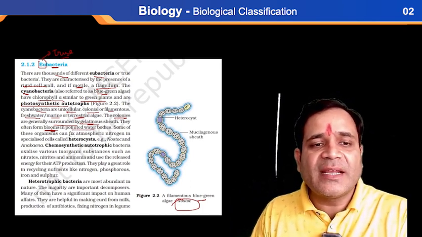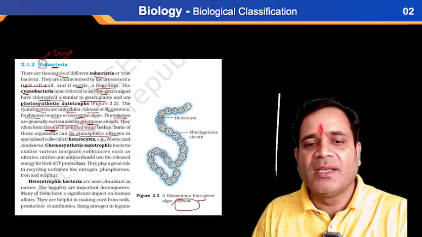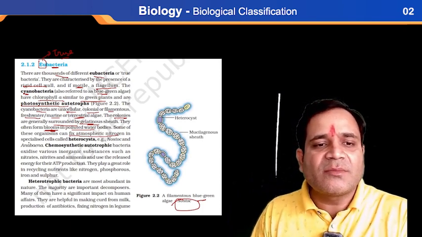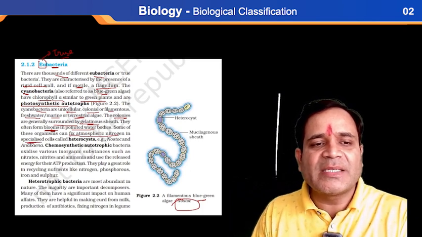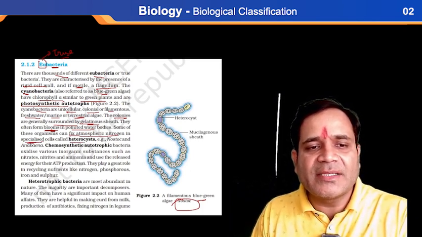Some of these organisms can fix atmospheric nitrogen, correct? This atmospheric nitrogen is fixed by specialized cells, and that specialized cell is called a heterocyst. See, this is very important to know here.